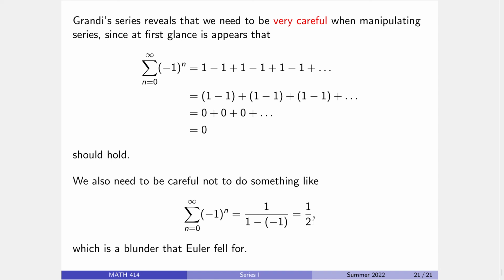Euler pointed out that for the geometric series, the summation of r to the n, we know what that's equal to. It's 1 over 1 minus r, so plug in negative 1, you get 1/2. That's what this thing has to equal. Right? Because as he pointed out, we know it lines up with it here, so there you go, that's what it's equal to.